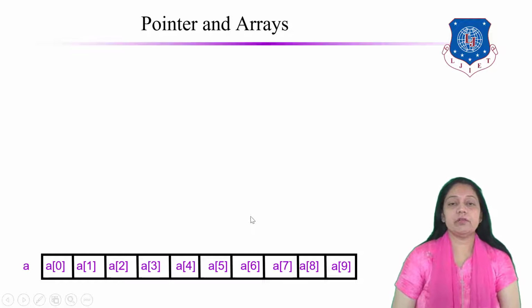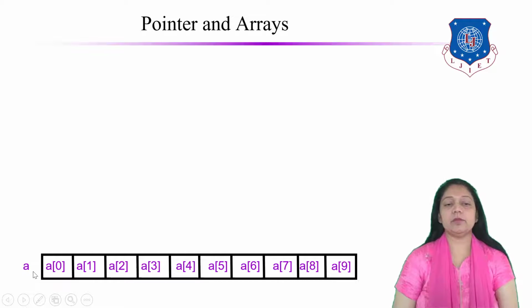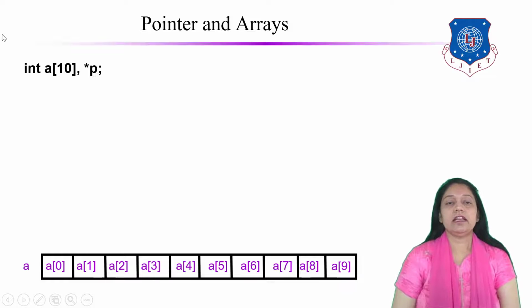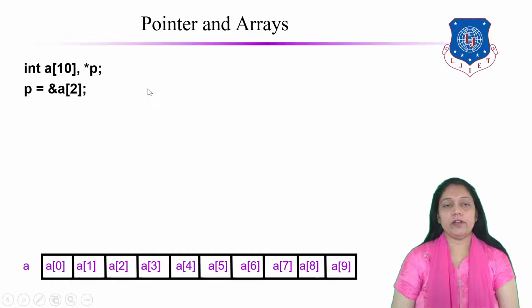Let's see one more example to understand in detail about pointers and arrays. Here you can see at the bottom that I have an array which has 10 different elements and the indexes are A0, A1, A2 and so on up to A9. So declare an array A of 10 and declare a pointer. Now here it's not necessary that a pointer should always point to the first element of an array, that is A of 0.